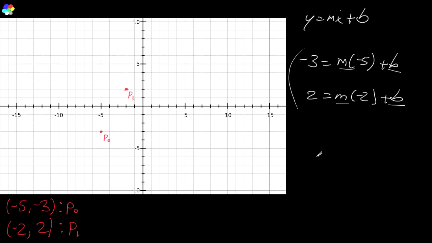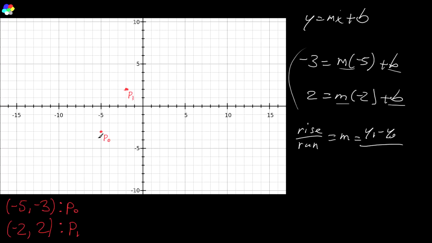So what is slope? Well, slope is just the rise over the run. That is equal to m. So what is the rise? Well, the rise is just the difference in the y positions of these 2 points. So we can do that is equal to y1 minus y0.